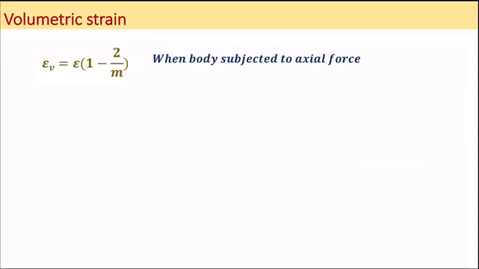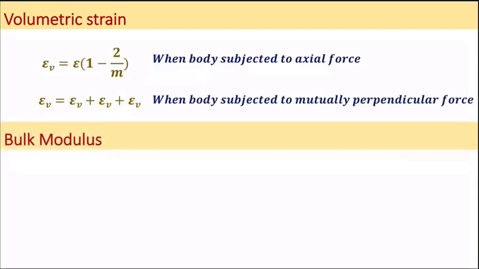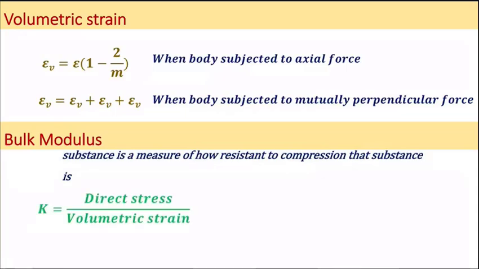Volumetric strain for a body subjected to axial force we can calculate using this formula. Suppose the body is applied with mutually perpendicular axes, we can find the strain using this formula. Bulk modulus is a measure of how resistant a substance is to compression, calculated using this formula: direct stress divided by volumetric strain.